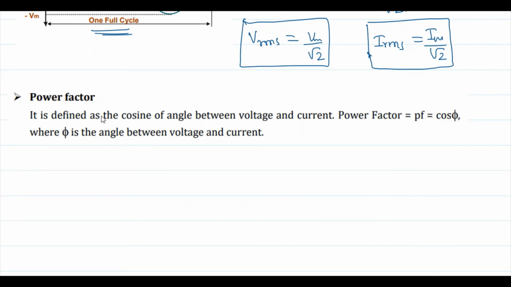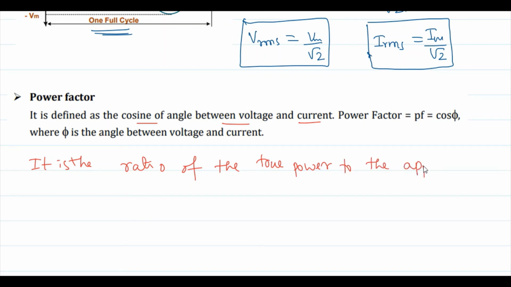Power factor is defined as the cosine of the angle between voltage and current, or it is also defined as the ratio of the true power to the apparent power, right?